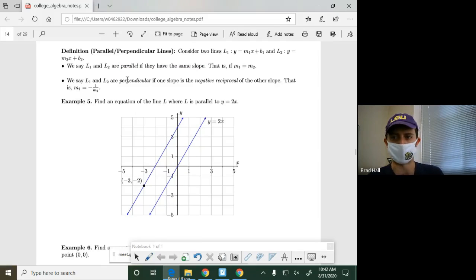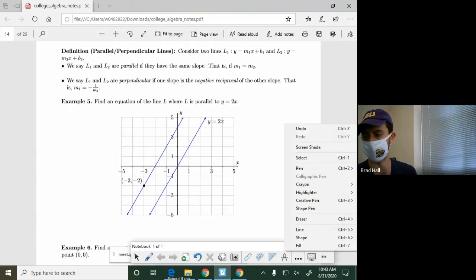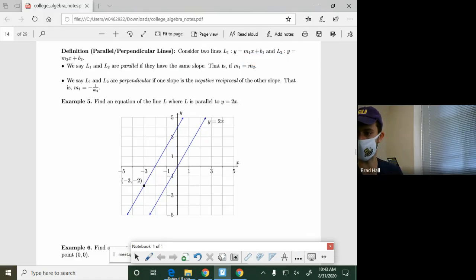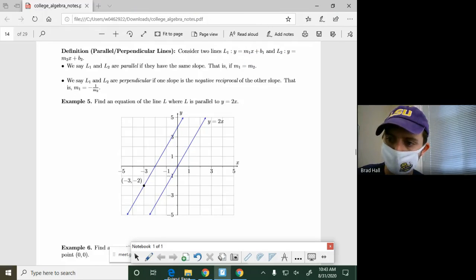Example 5, and again, I'll talk about perpendicular in class on Wednesday, but example 5: find an equation where the line is parallel to y is equal to 2x. So what they're doing, I'll emphasize this in the color black, they give us the equation of this line already.